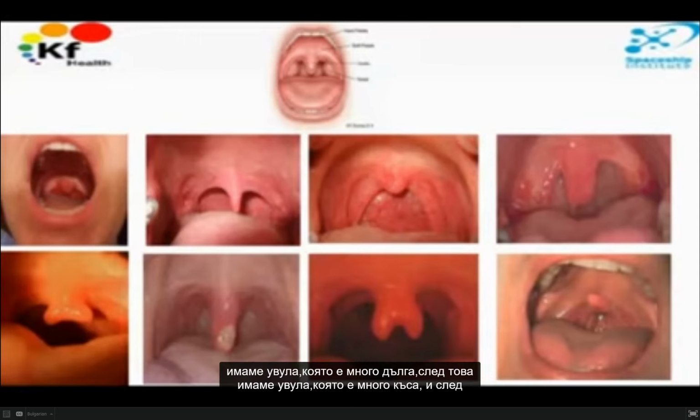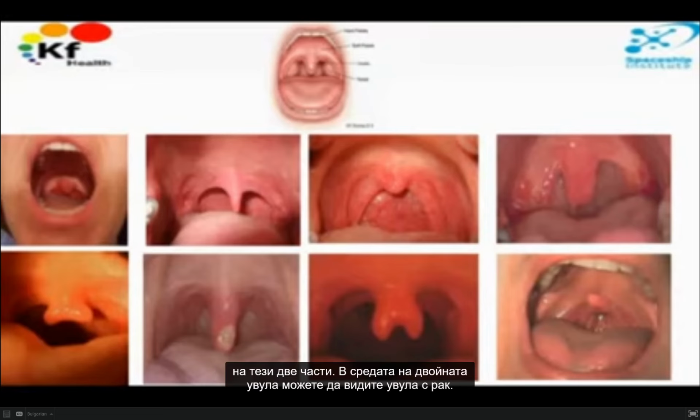Then in the middle we have a uvula which is so long, and then a uvula which is so short, and then a uvula which is so thick, and then we have a double-horned uvula with different shapes of these two horns.